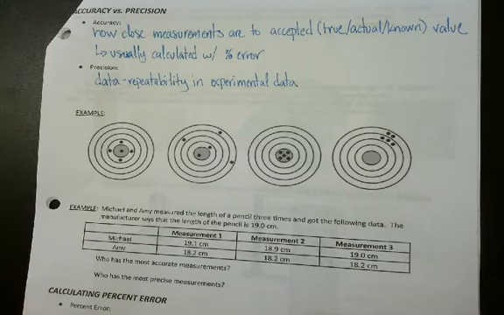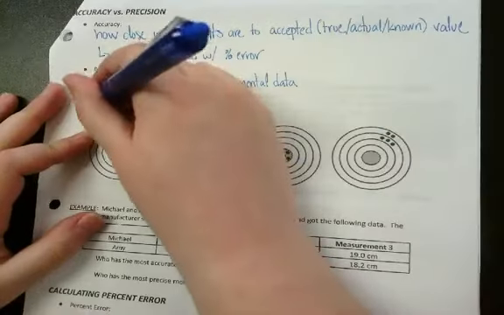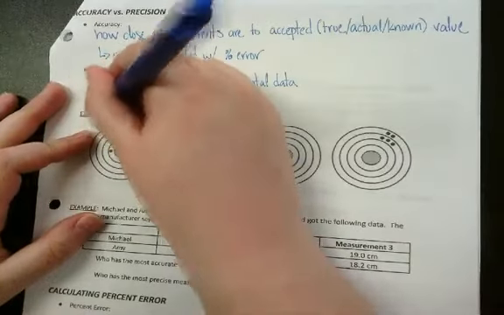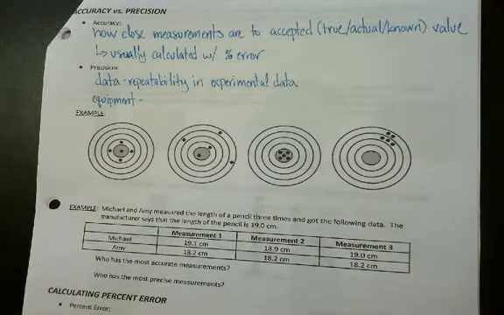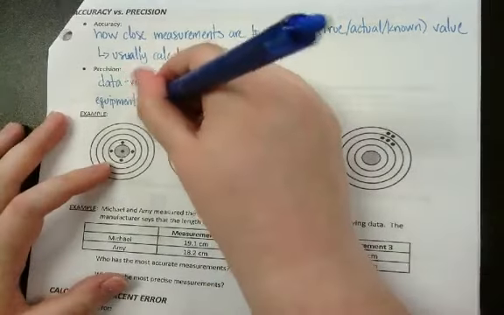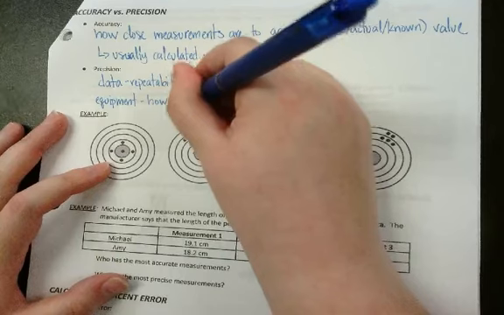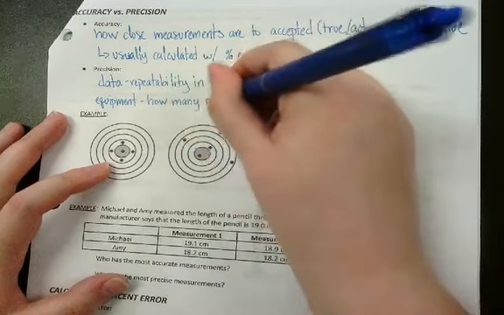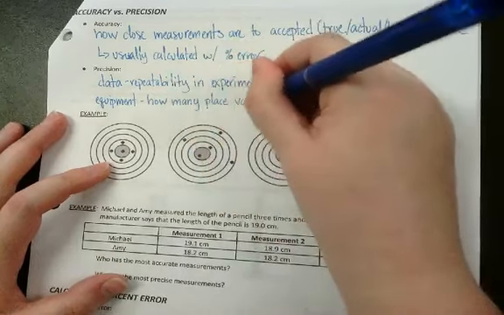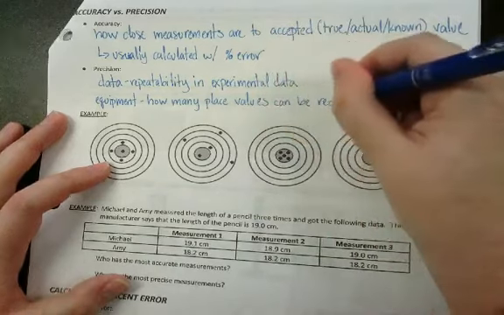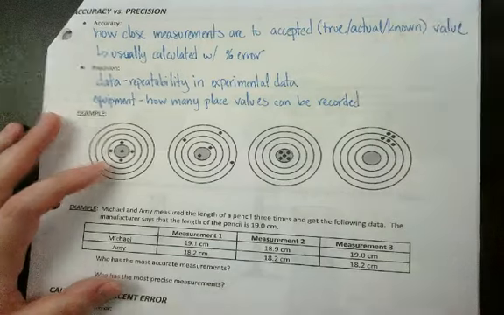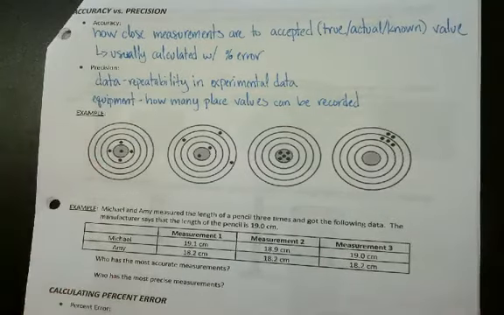However, we're also going to talk about precision in terms of equipment. So how precise a piece of equipment is. When we're talking about equipment, we're saying how many place values can be recorded. So if we have two different pieces of equipment, we're measuring the volume of a liquid.